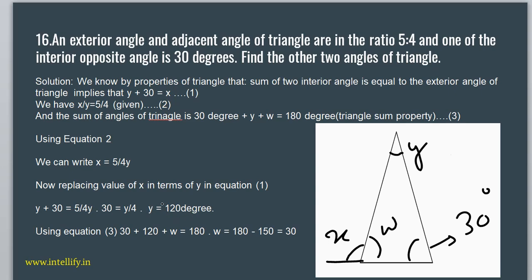Now we have found y, so I will put y in equation 3. After that, 30 plus 120 plus w equals 180 degrees, so w will be 30 degrees. So we have found the two angles, which are 120 and 30 degrees.